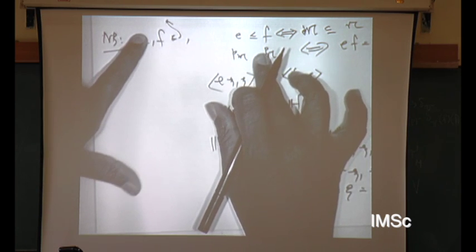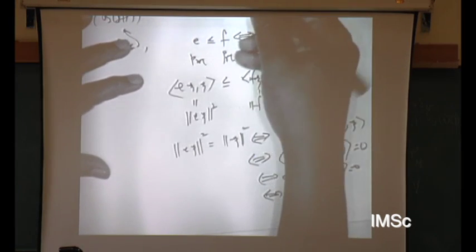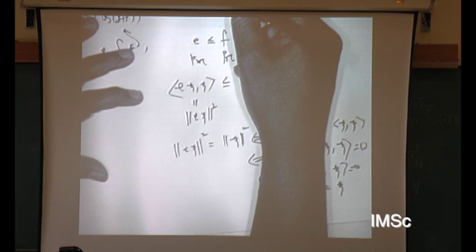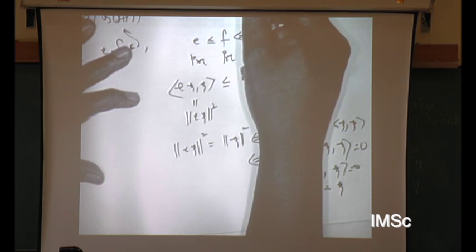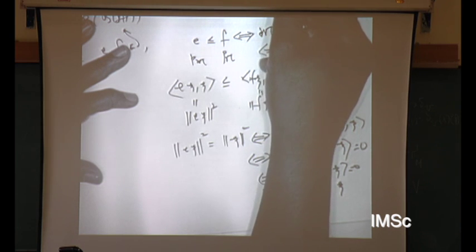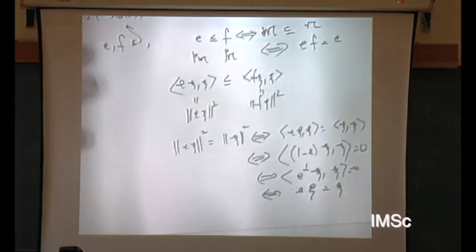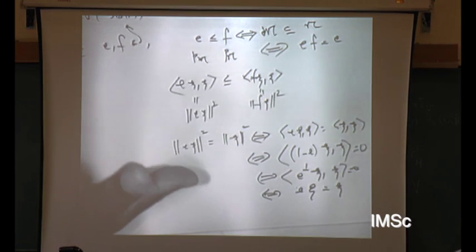I want to say it is a lattice. In fact, I should even say it is ortho-complementary. That means there is this perp notion among the projections, which reverses the order. For every E, there is an E perp, and E is smaller than F precisely when E perp is bigger than F perp.